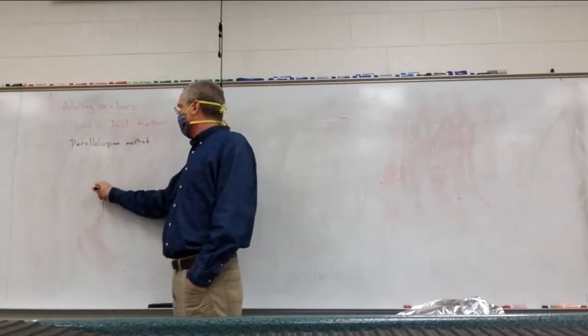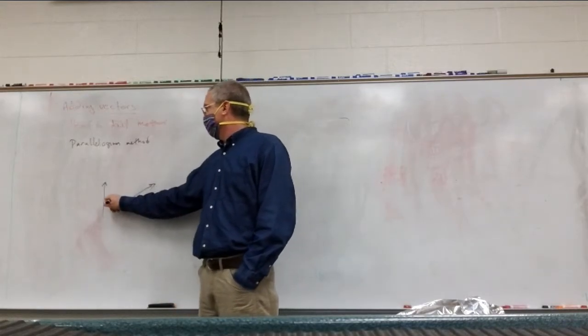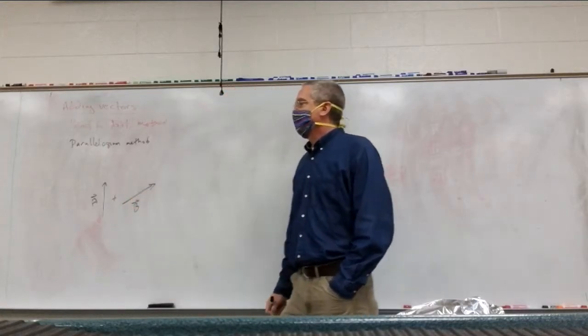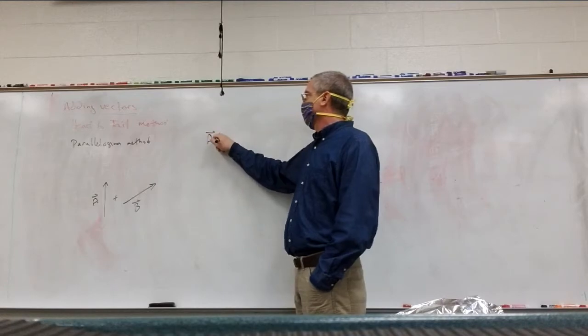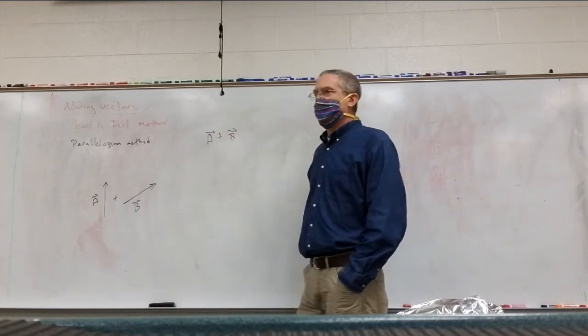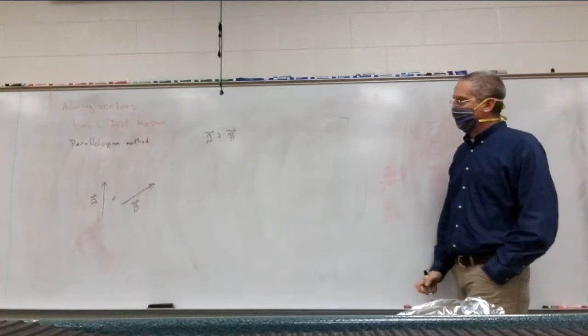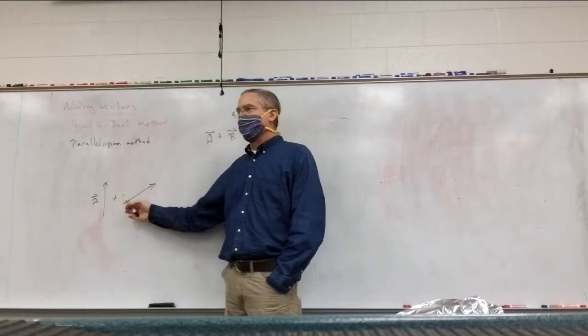So if I have a vector there and a vector like that, and I want to add them together, I'll just call this vector A, and I'm going to call that vector B. So I want to know what is A plus B. I am assuming that I have drawn the arrows appropriately, that vector A has a larger magnitude than vector B, just because that's a bigger arrow than that is.